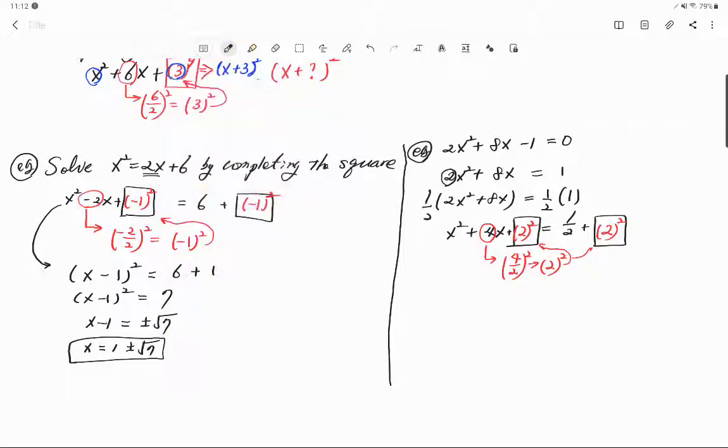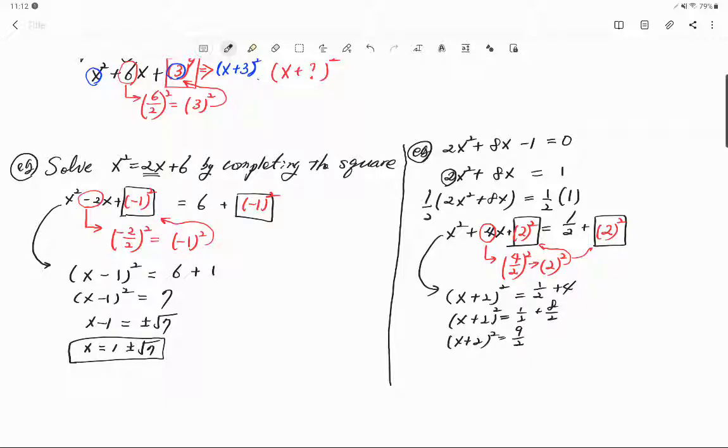All right, then the left-hand side becomes a perfect square, x plus 2 squared equals 1/2 plus 4. Let's simplify the right-hand side. This is 1/2 plus 8/2. So x plus 2 squared equals 9/2.